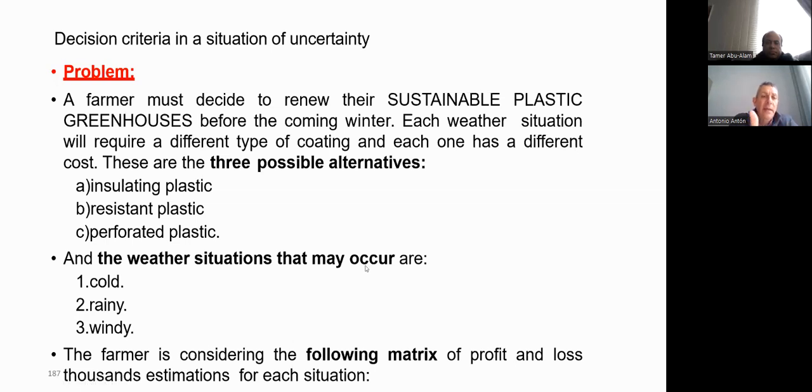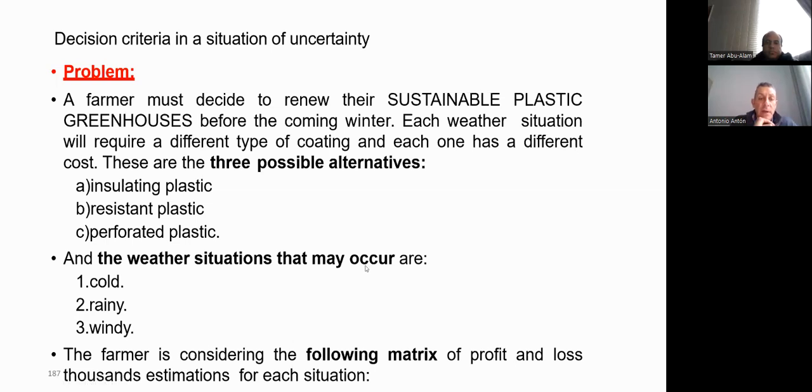And in order to explain these criteria, I will start by explaining a problem, for instance, the same sustainable plastic greenhouses before the coming winter. When you say sustainable plastic greenhouses, it's plastic that perhaps does not contaminate or pollute the soil or the earth, requires a different type of coating, and each one has a different cost.